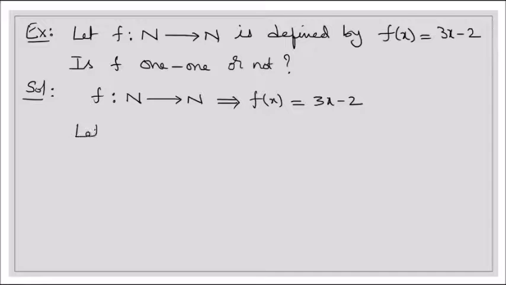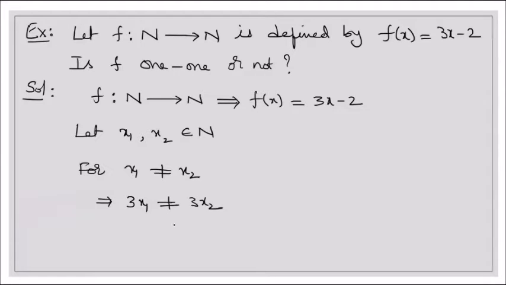Let x1, x2 belong to natural numbers. For x1 not equal to x2 implies 3x1 is also not equal to 3x2.